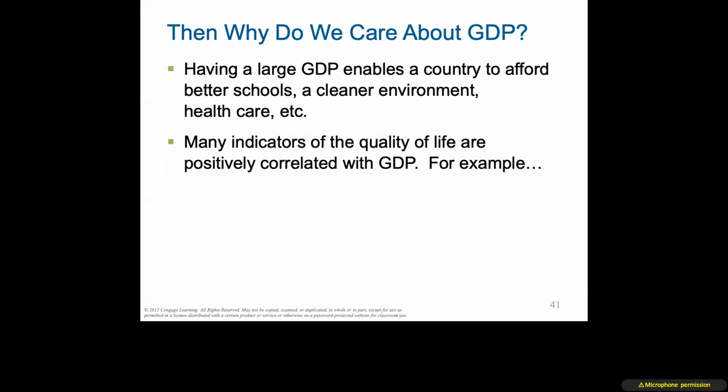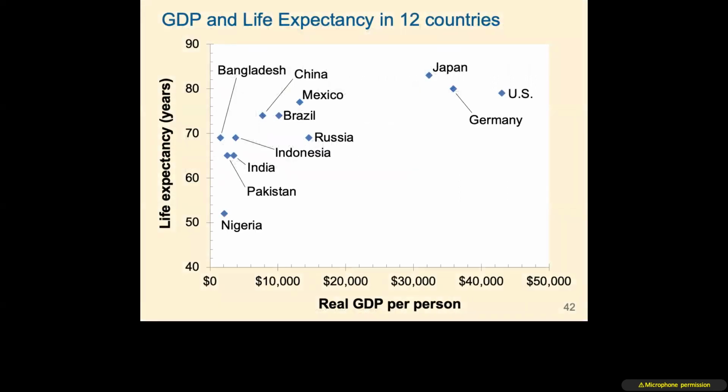So why do we care about it? Because it does give us an idea of whether or not an economy is able to afford better schools, cleaner environments, and healthcare. And it does have many indicators that are positively correlated to it. So, life expectancy is one of them. The real GDP per person and life expectancy does have a good correlation.